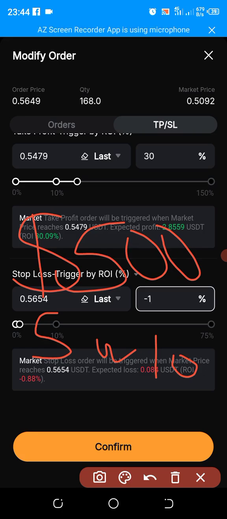Don't use all the capital you have for one trade. Spread out your risk. You can use 5% for one trade, 10% for another trade, 5% for another, and 10% for another.